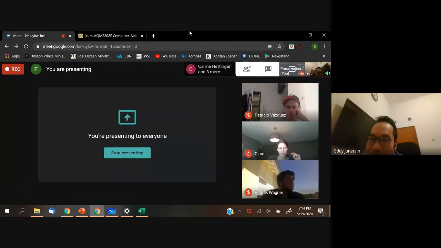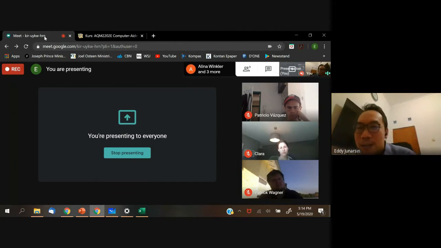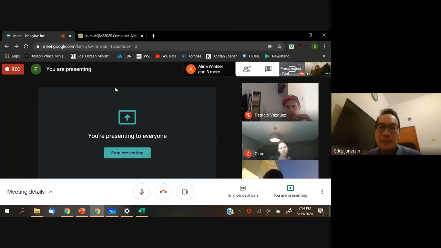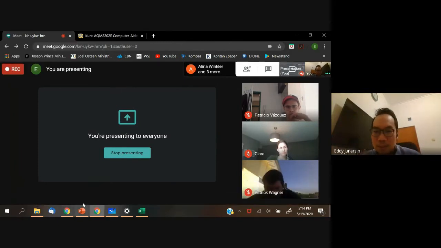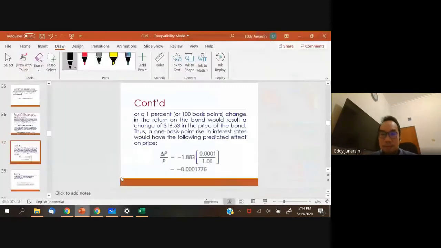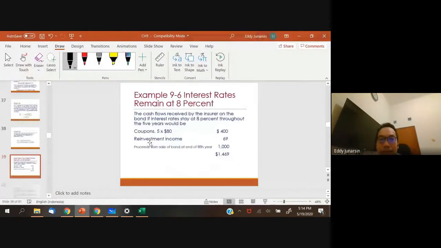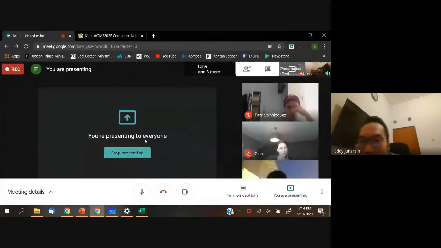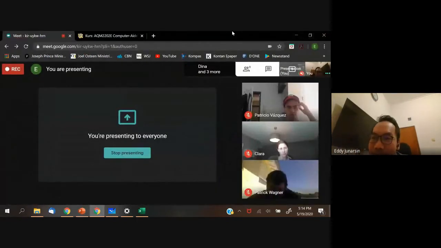One of them is in the percentage of change, and the other one is the amount of change. But they measure the same thing, right? Just rearranging the equation. Any question so far about the use of duration to estimate the change in value of something?